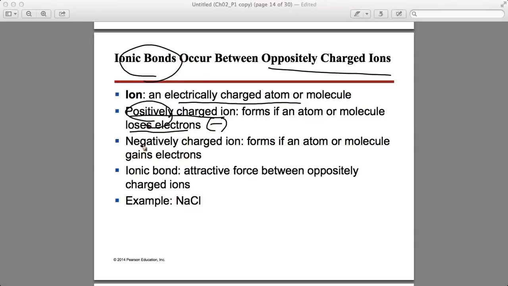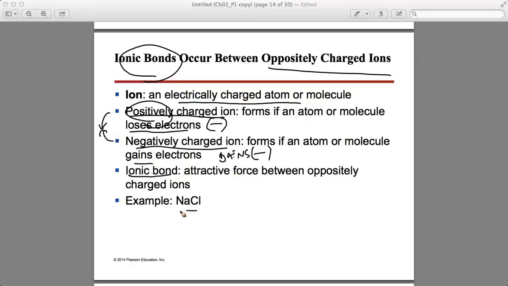On the other hand, a negatively charged ion forms when it gains electrons. You're adding negative charges to that compound, so you become more negative. When a negatively charged ion comes together with a positively charged ion, those negative and positive charges attract and you form an ionic bond.